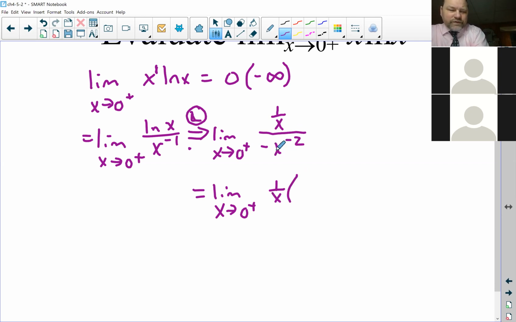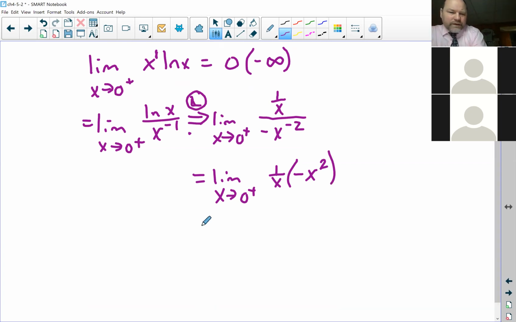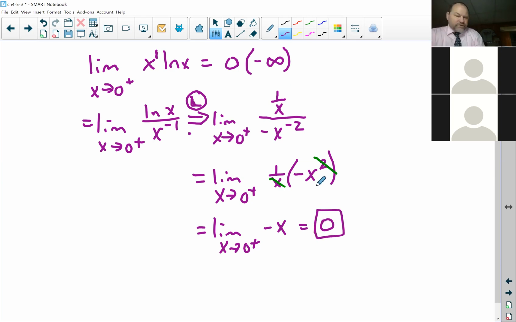And now I can move the x to the negative second back up to the numerator and just change the sign of the exponent. And one of my x's here cancels with one of my x's there. So I get the opposite of x. And as x approaches 0, that goes to 0. So in this case, 0 times negative infinity does equal, or approaches, a value of 0.